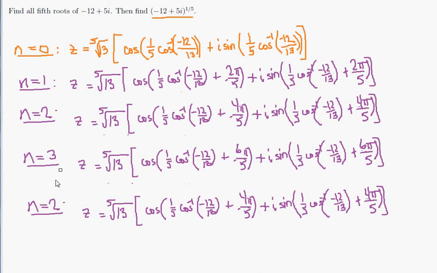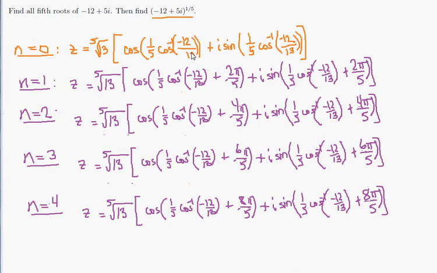And then for the n equals 4 case, the angle will change now to 8 pi over 5. And if I go to n equals 5, I'd have 10 pi over 5, which is 2 pi, which cycles back to the first answer that we had in orange.